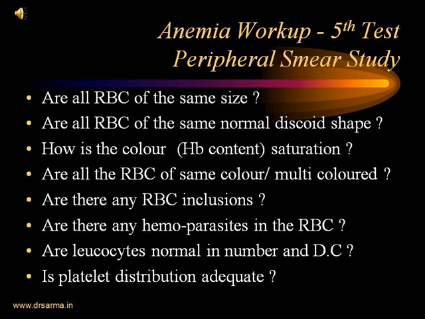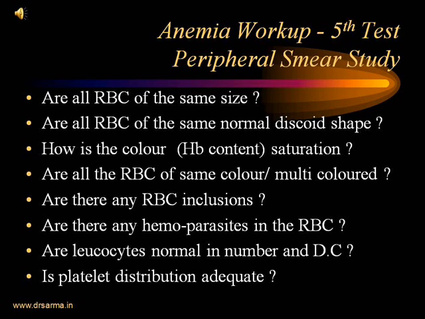And the second question is, do all the RBC have the same normal discoid shape? If not, it is called poikilocytosis. Poikilocytosis means different shapes. Anisocytosis means different sizes.